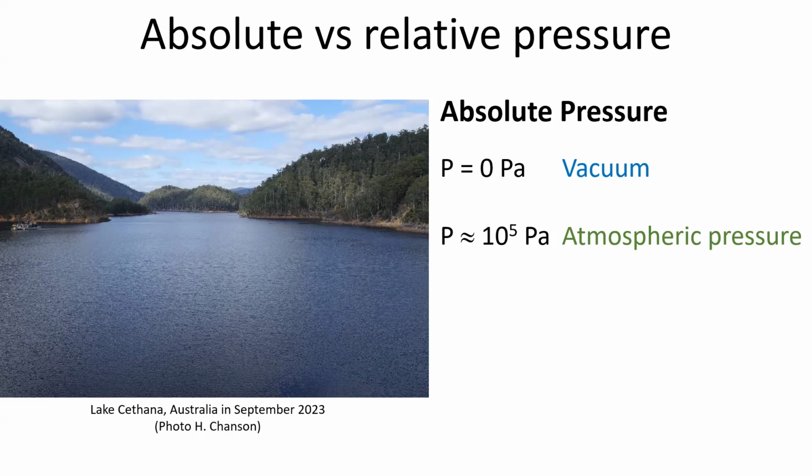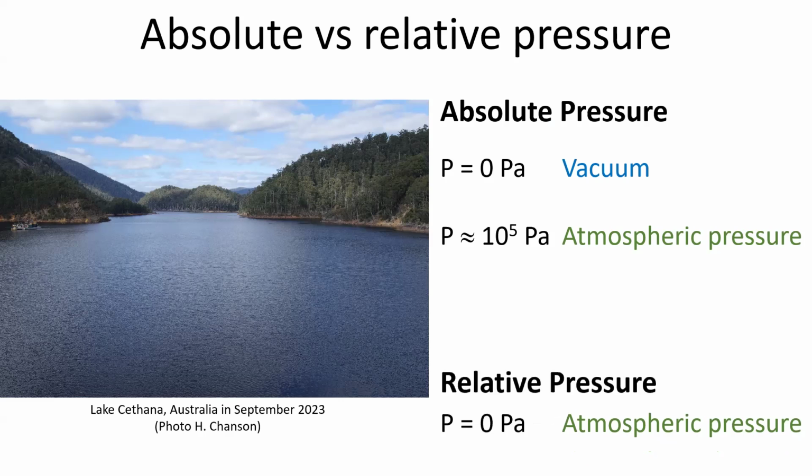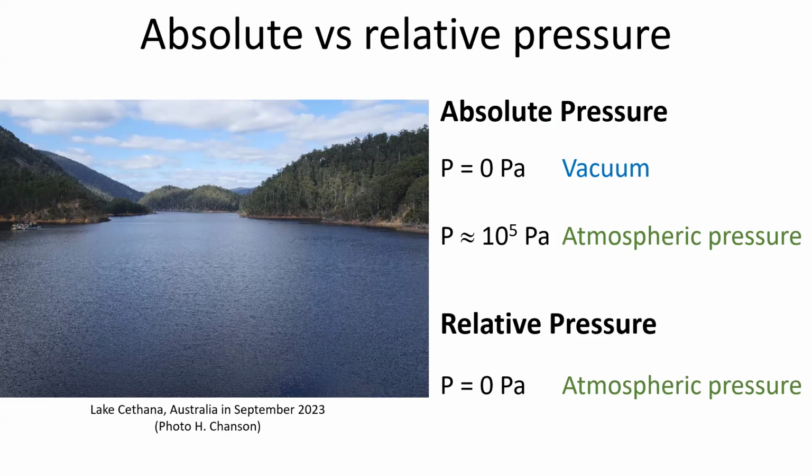Most of the time, we will use relative pressure, and we will often use the atmospheric pressure as our reference. In this case, P equals 0 in the atmosphere, or at the surface of the reservoir that we see here on this photograph.